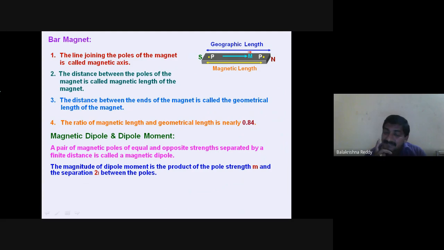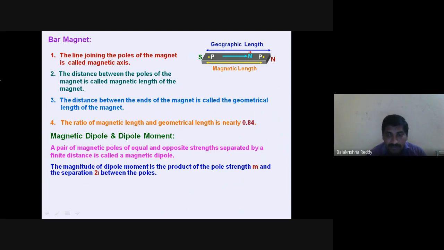If the distance is 2L, and the poles have some amount of strength, that we call pole strength, because it exerts force on other magnetic substances or other magnets.